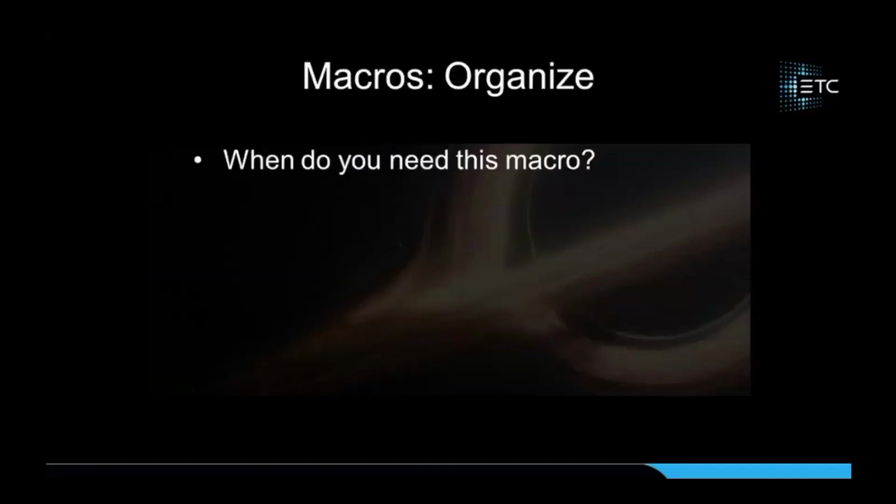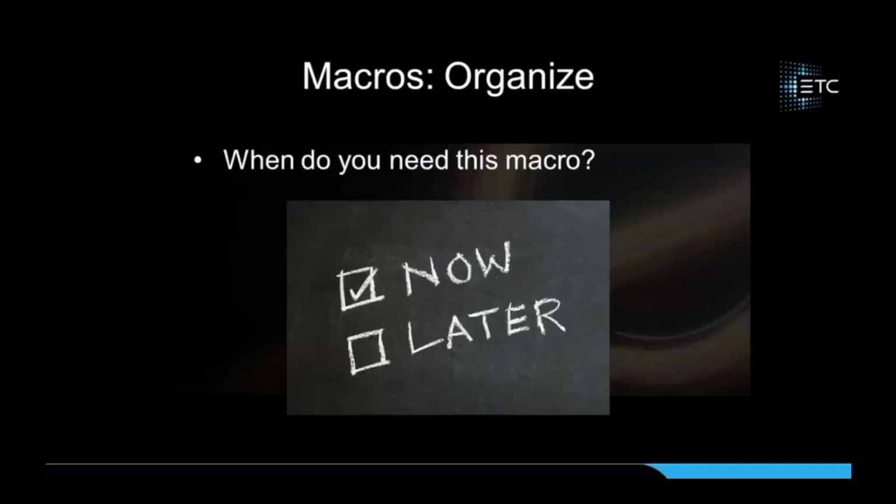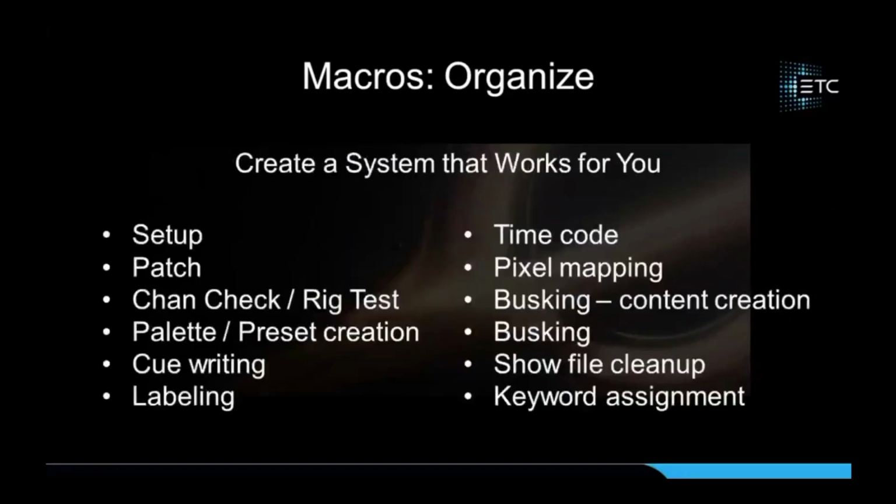So when you go to write a macro or create a new macro, we can think about when do we need it, and to harken back to the David Kane quote, you need it right now. You always need it now. So when you're laying them out, either in your magic sheets or in your direct selects or on your console buttons, if you have those, however you set up your ability to recall macros, think about organizing them by topic or by when you're going to use them.